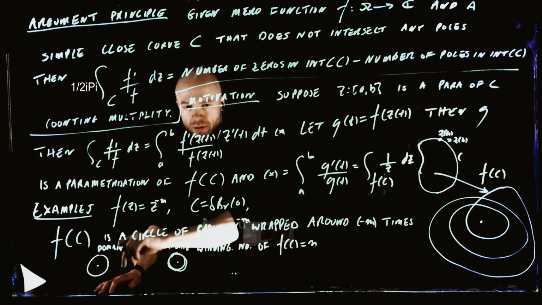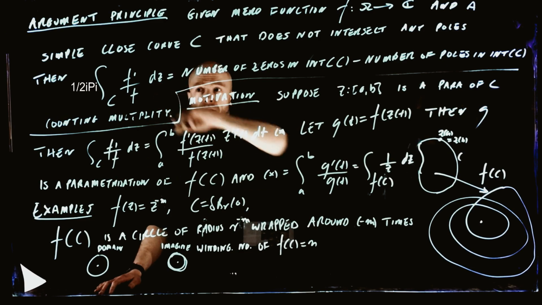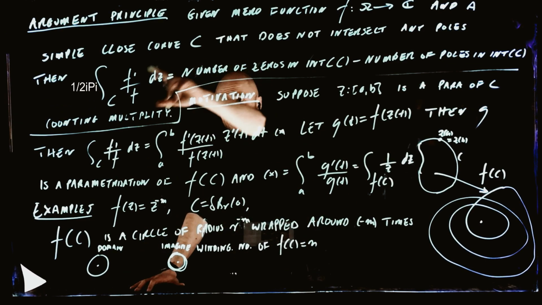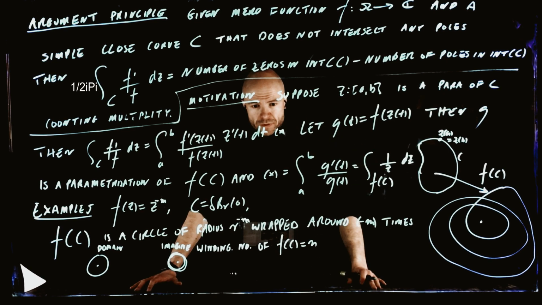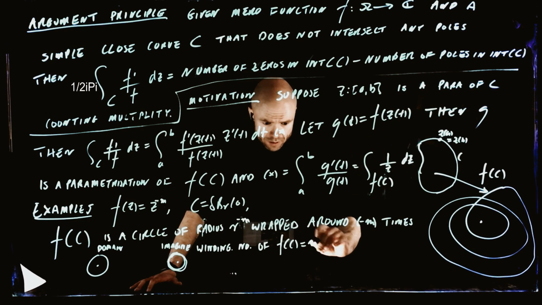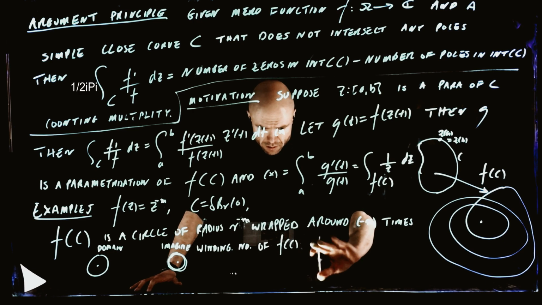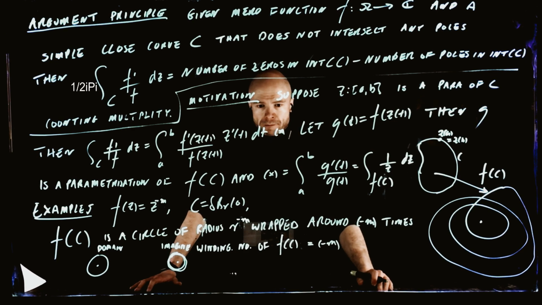This thing says that the winding number of the image of the curve should be minus m, and indeed it is minus m, because we are going round clockwise. So the winding number of f of C equals minus m. Cool. So in these very simple cases, we get what we want.